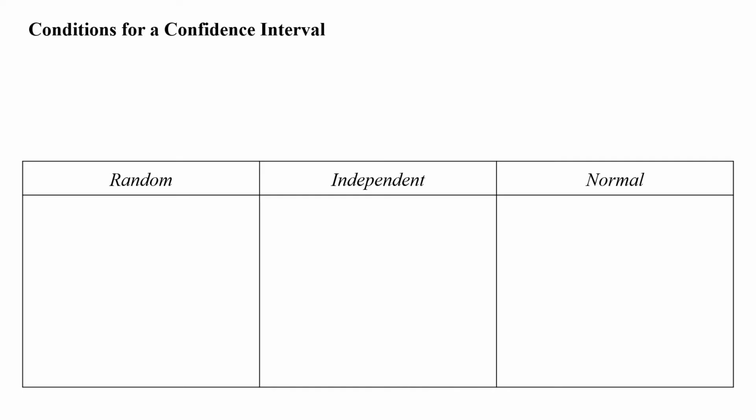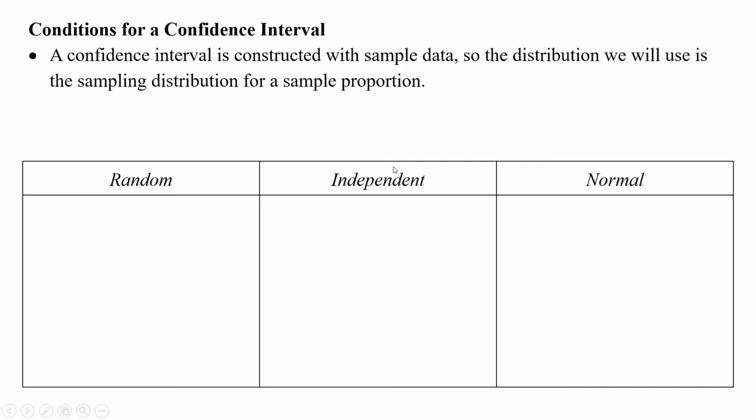Okay, now that we've talked about our confidence level, meaning, and how to interpret a confidence interval, let's talk about how we set up and find a confidence interval. The conditions for a confidence interval: because it's constructed with sample data, with p-hat, the distribution we use is the sampling distribution for a sample proportion.